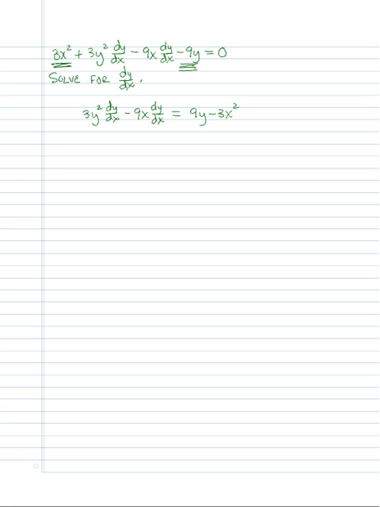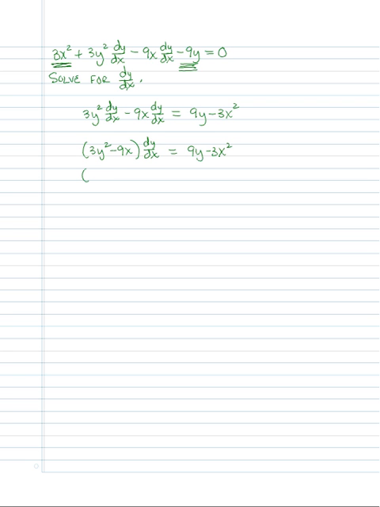Now, we have the two terms on the left side, both have this common factor, dy over dx, and so I'm going to factor it out. So I have 3y squared minus 9x times the derivative of y with respect to x factored out, equal to 9y minus 3x squared. Now, to solve for dy over dx, I need to divide out that coefficient.